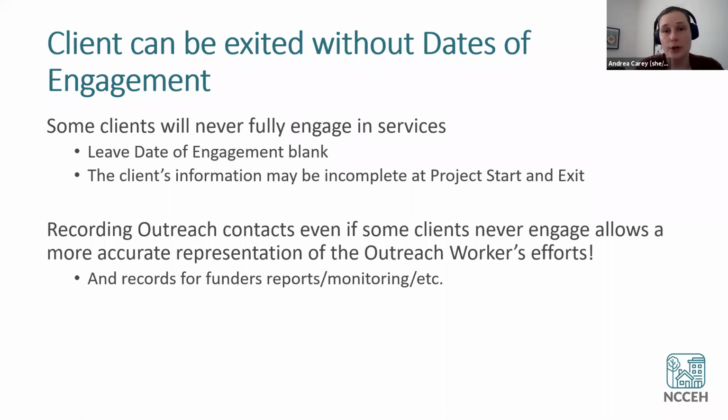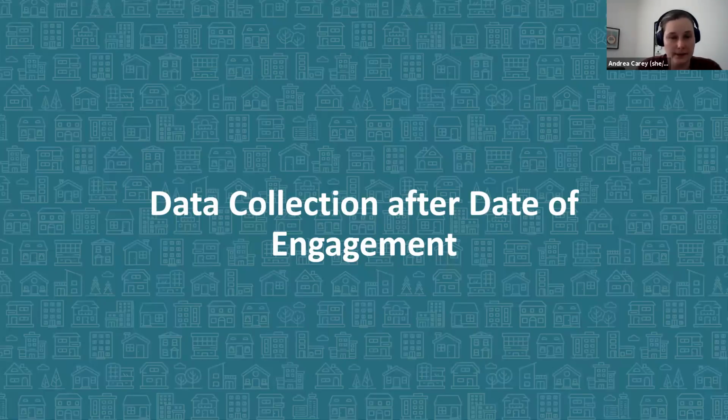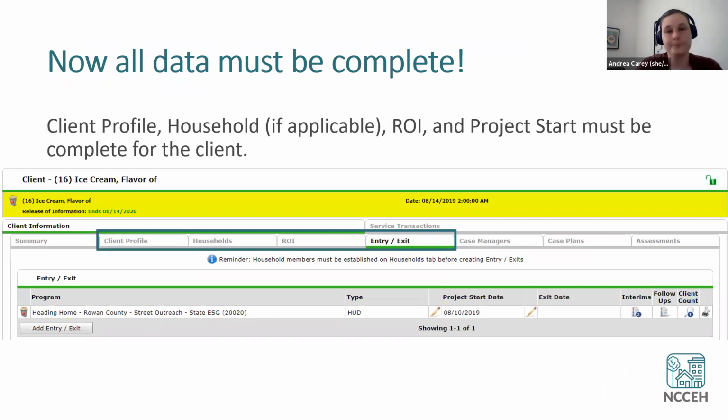All right. One more note about the date of engagement and the ROI. I realized I forgot to mention this. When you get to a date of engagement, you may find that the client accepts and does consent to sharing and visibility for their information.